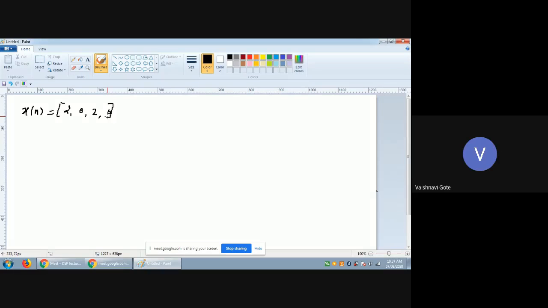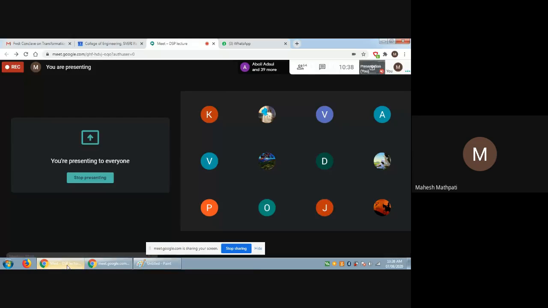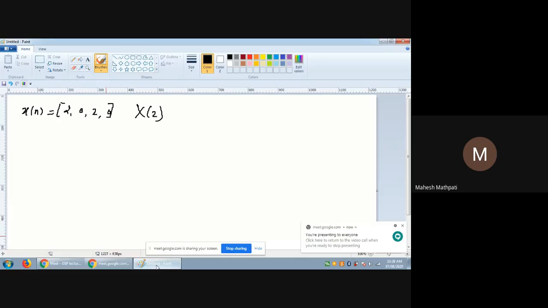Yes, sir. Determine x of 2, that is you write capital X of 2 using Goertzel algorithm, full stop. Assume initial conditions are 0.